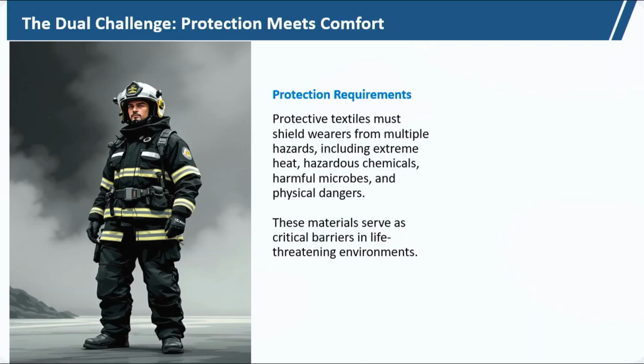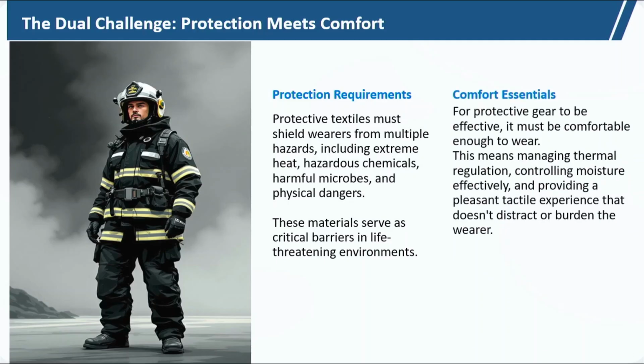The protective textile must shield the wearer from multiple hazards, including extreme heat, extreme cold, hazardous chemicals, harmful microbes or mechanical threats. These materials serve as a critical barrier in life-threatening environments. But at the same time we need comfort, which is essential.